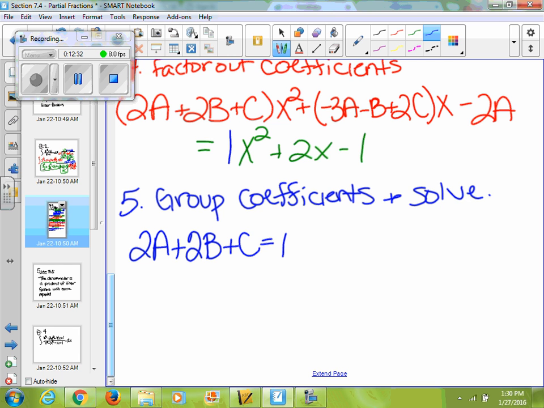Since this is a 2x, everything in front of my x, so minus 3a minus b plus 2c has to equal 2. And my constants then, which is minus 2a, has to equal that negative 1.